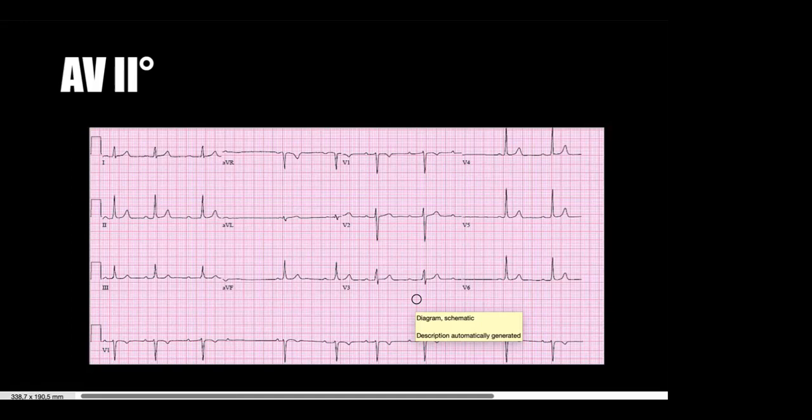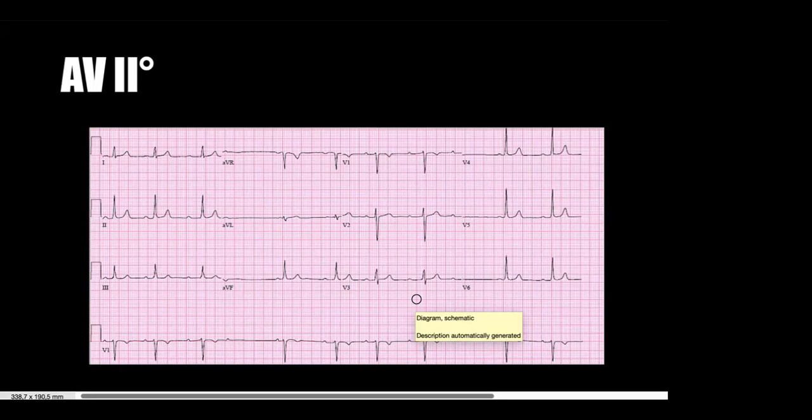So if you have an ECG that is not clear, maybe the patient moved and there are a lot of artifacts, it's always important to look at lead 2. Mostly it gives you a better view than other leads.